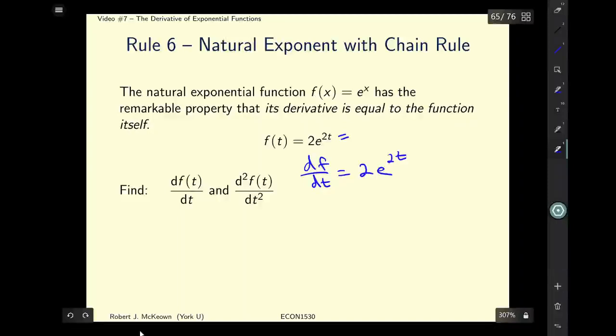But notice that I could write this as f of g of x, where f is equal to the e function, and g is going to be equal to 2t. And maybe I should have a 2 on the outside there.